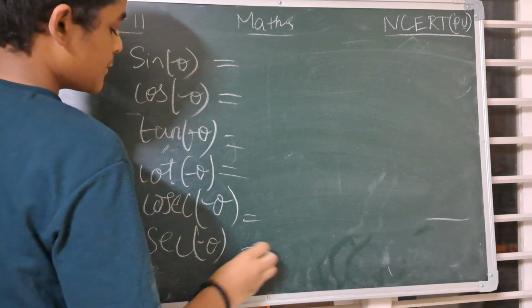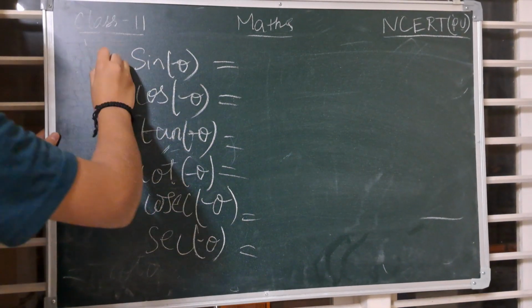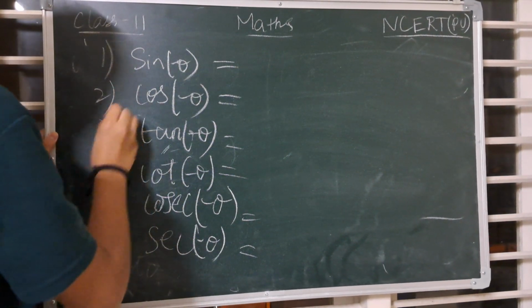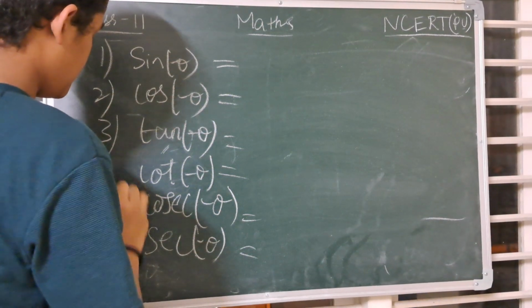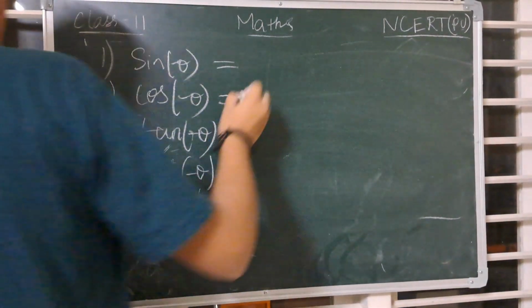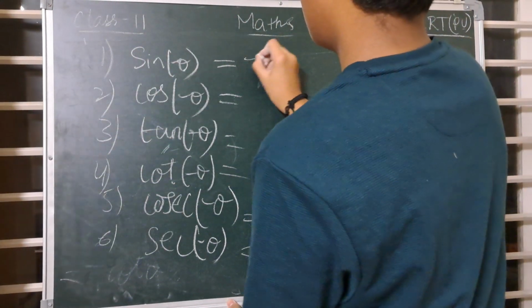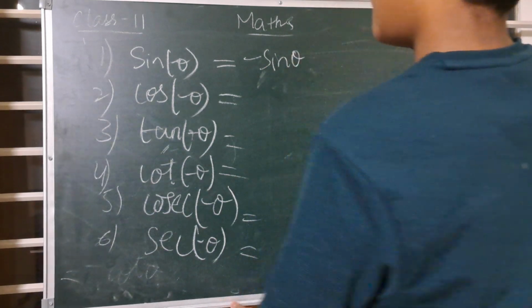We should remember this. When sine has a negative angle, we get minus sine theta.